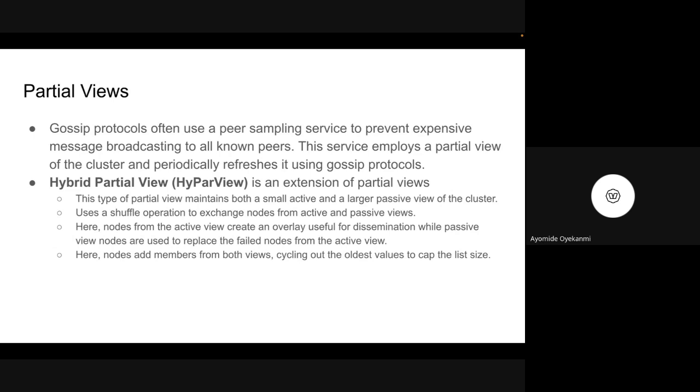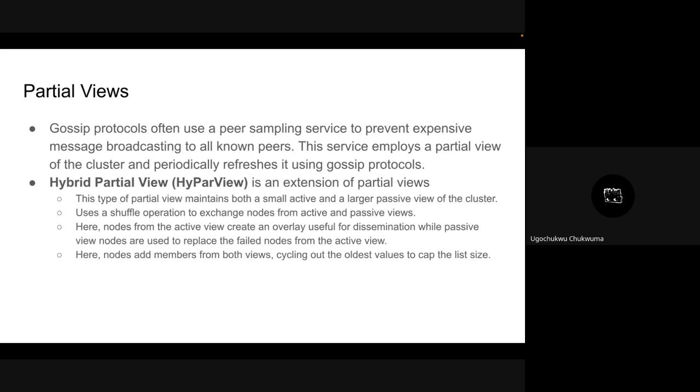If one of the nodes in that small group fails, I can take one from the second, bigger, secondary group and replace the one that failed in my smaller active one. So every time I have a message to send, I send to this smaller group. Somehow that smaller group will send messages to other nodes, and eventually the messages will reach the whole cluster. That is my understanding, at least from reading.